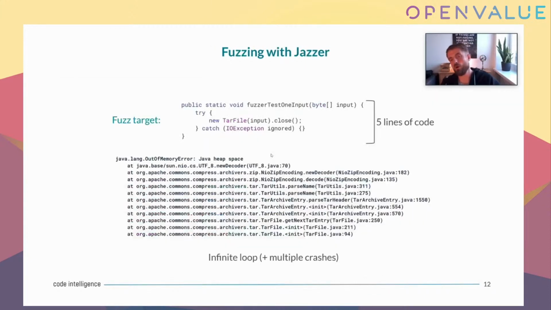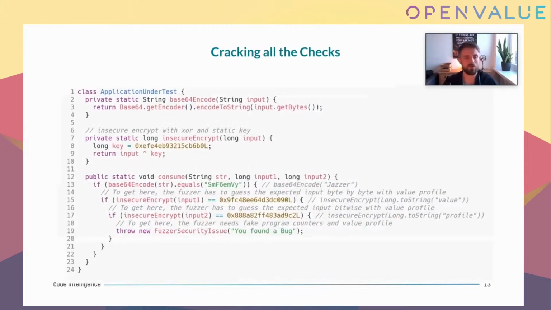But this was a very simple example. What if you have a very complex application? Let's say you want to test an application which does some kind of base 64 encoding and some insecure encryption. We have a function doing insecure encrypt, taking a long number as an input.